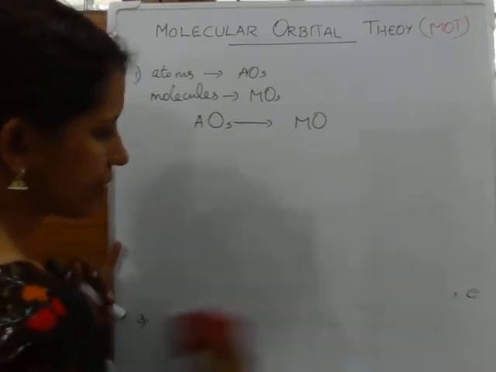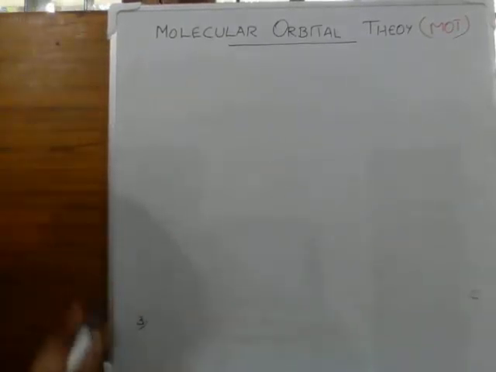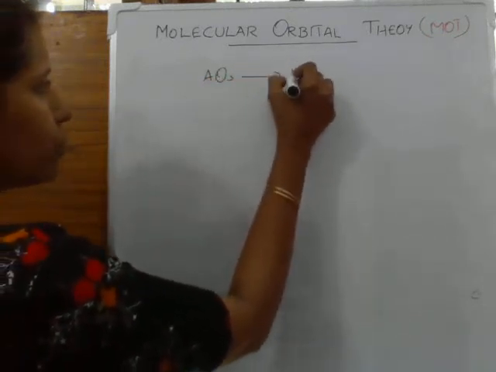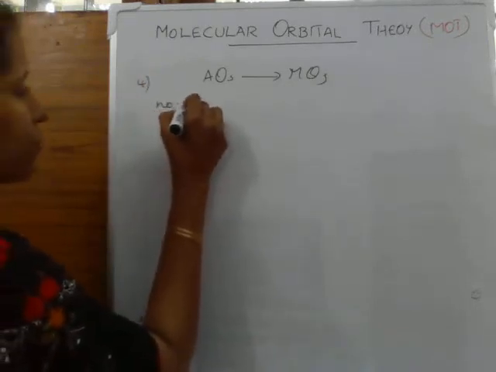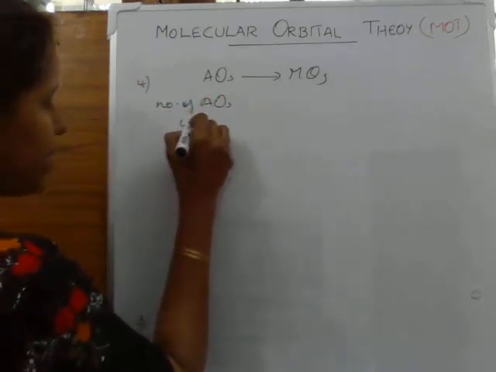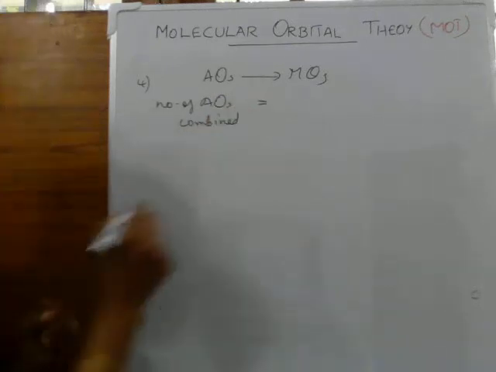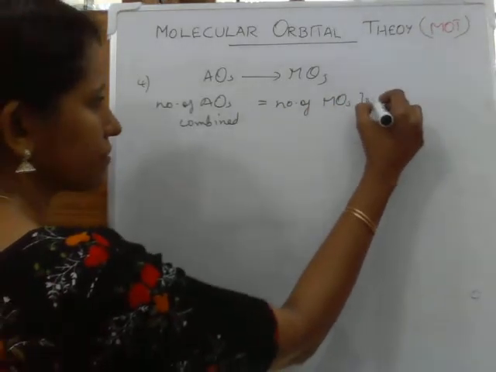Next point, as we already told, atomic orbitals combine to form molecular orbitals. The number of atomic orbitals combined will be equal to the number of MOs formed.